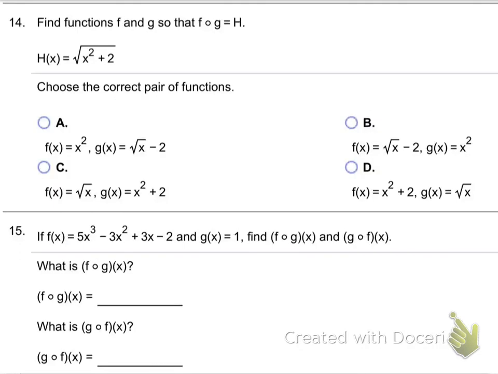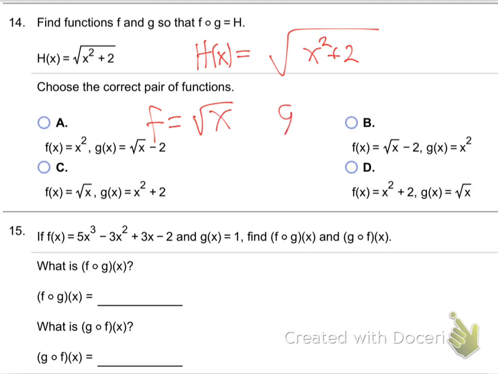So on number 14, they're going to say, look at this function, h of x, the square root of x squared plus 2. What they want you to do is start to see that as a square root function, that'll be like f, and another function, x squared plus 2, which has been put into there.